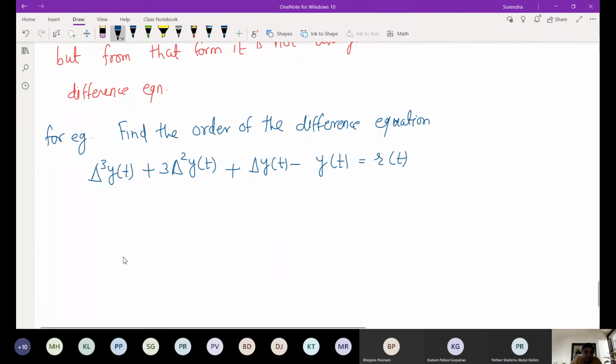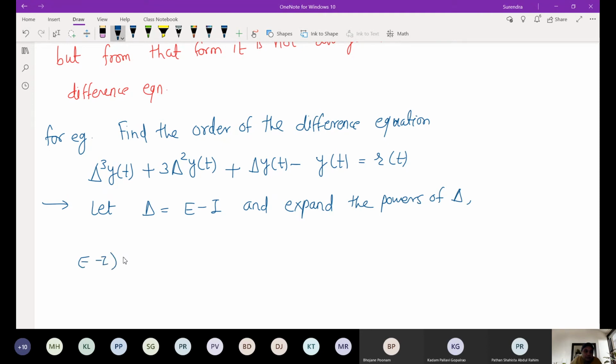So let delta be equal to E minus I and expand the powers of delta. What will we get here?